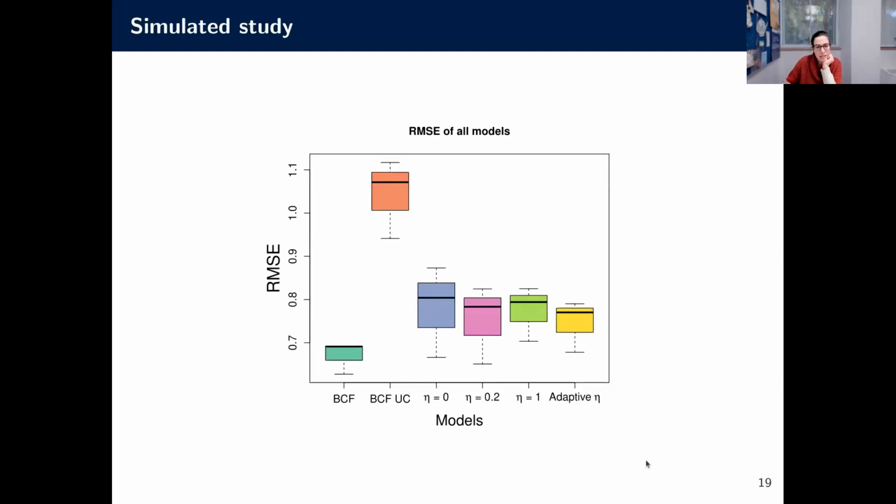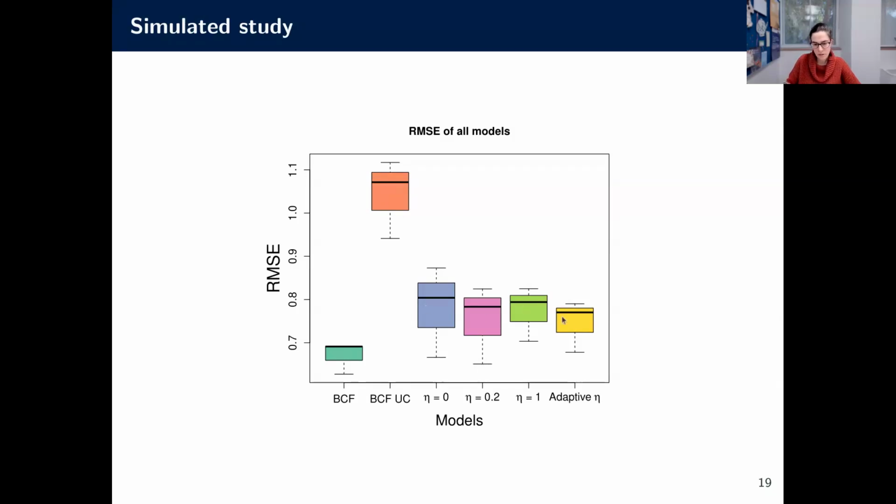So what happens here? Here I'm showing, for each of different options of the model, the root mean squared error. This is fitting BCF, so the original model, assuming that you can see all the unobserved confounding, as if both of your data sets were perfect. So this, in a way, is a benchmark. This is what would happen if you combine the two data sets but ignored the fact that there could be unobserved confounding.